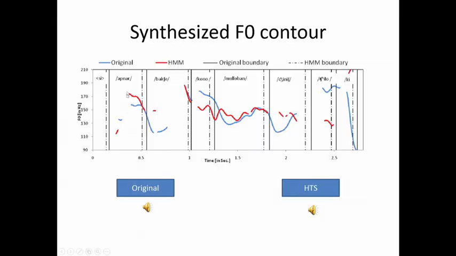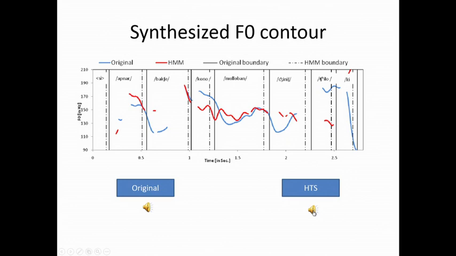The red line is the synthesized sentence's F0 contour. The solid line is the original boundary, and the dotted line is the HMM-picked word boundary. I am not showing the phoneme alignment here. If you listen to the original speech, আপনার বাক্সে কোনো মূল্যবান জিনিস ছিল কি? And this is the sentence generated after HTS training. আপনার বাক্সে কোনো মূল্যবান জিনিস ছিল কি?